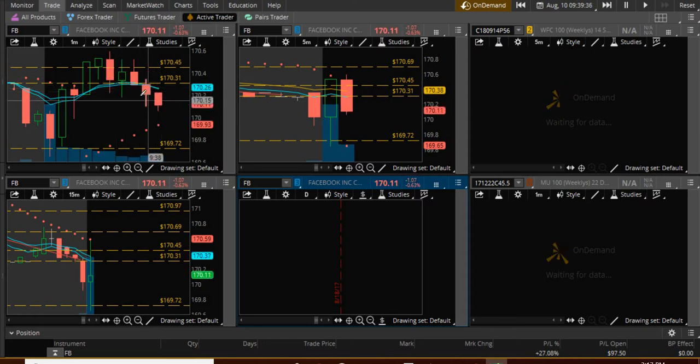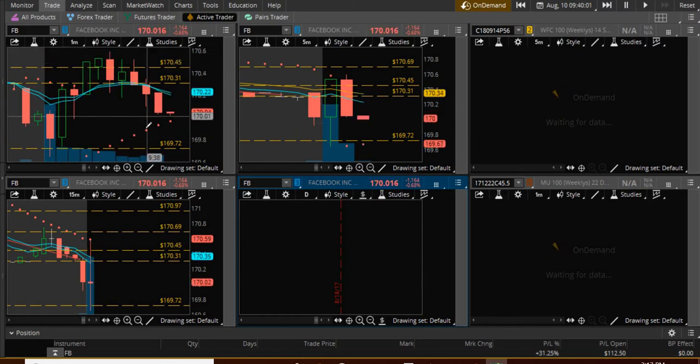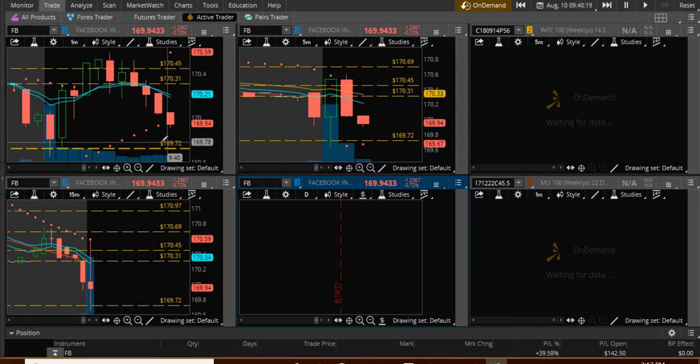We've broken below our EMA. Where are we gonna head? Already you can see that we're up 31%. Now, being that support was here on the move up, you're going to look for support here as well.